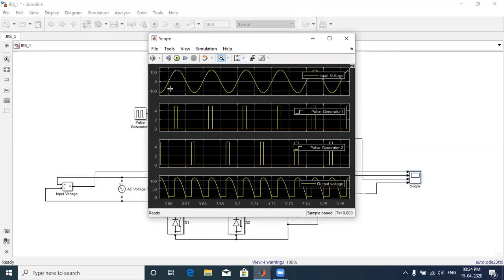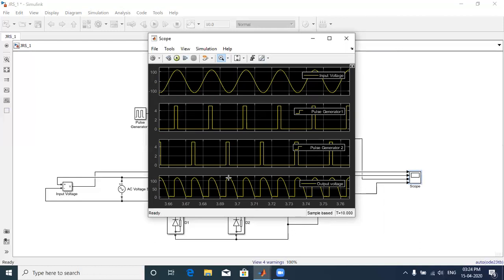Okay, now you can see over here, this is the first pulse which is going to SCR1. You can see this is starting at alpha equal to 60. This is the triggering pulse to your second thyristor. You can see it is at pi plus alpha, that is at 240 degrees.